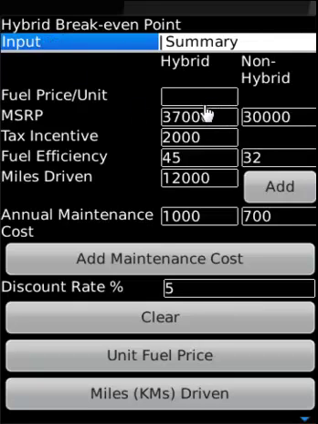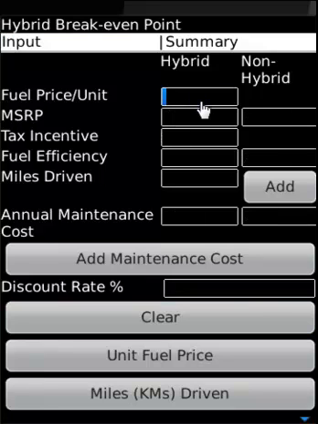So now let us say we clear up all these and say fuel price we supply $4, MSRP is 37,000, that one 30,000, tax incentive is 2,000, fuel efficiency is 45 and 32 again.